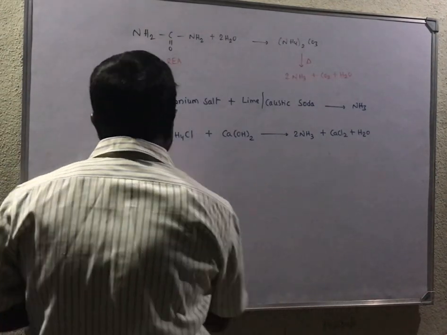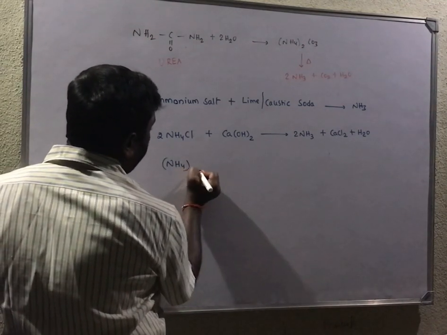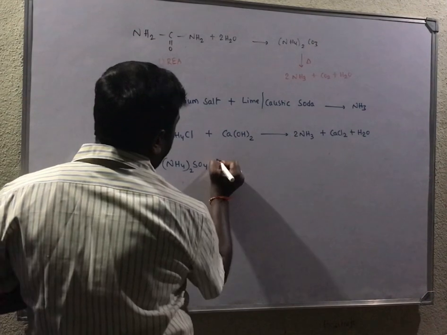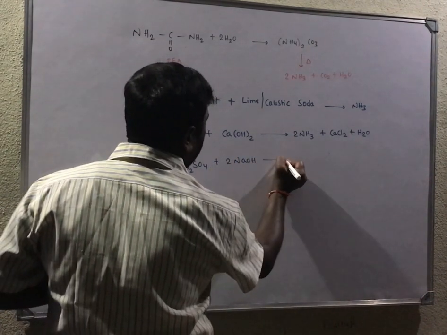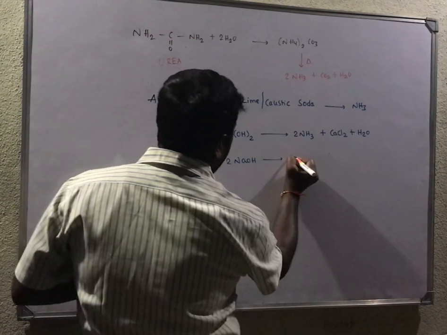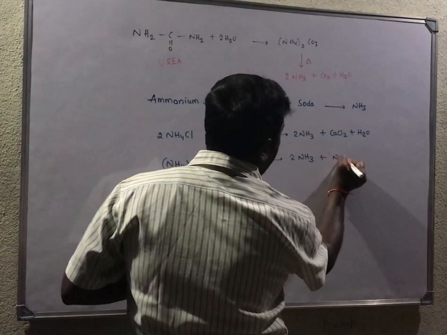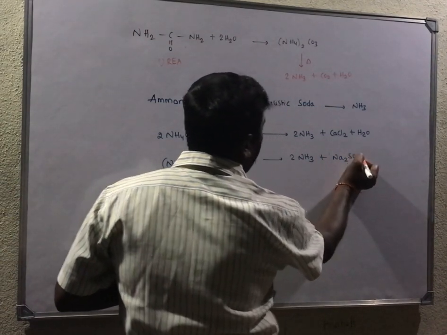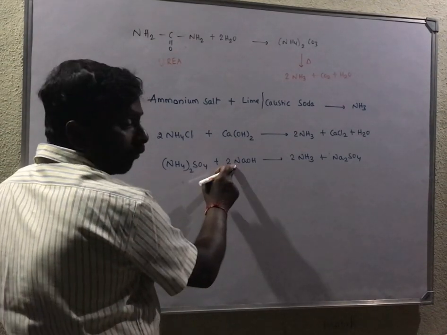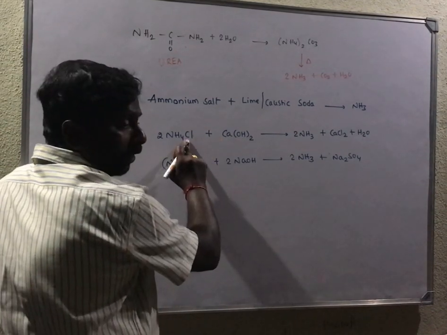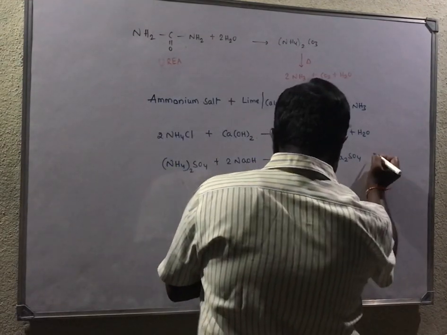If we take one more ammonium salt, (NH4)2SO4, with caustic soda, the formula of caustic soda is NaOH. The products are NH3 and the byproduct Na2SO4, sodium sulfate.